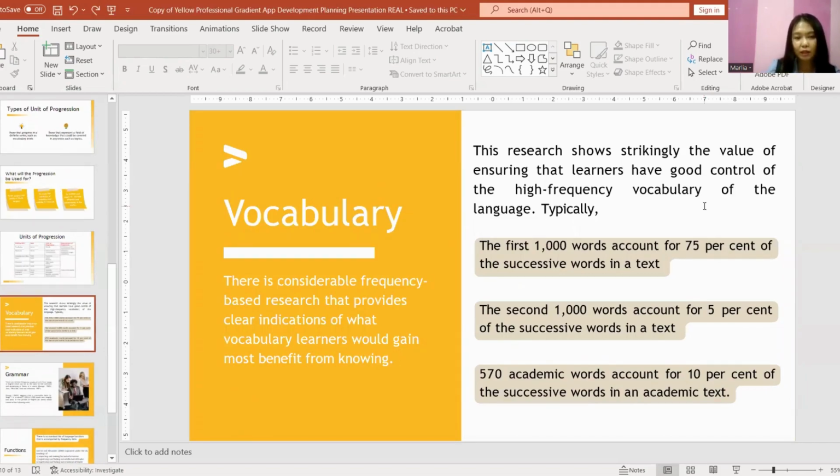Well, the first is about vocabulary. There is considerable frequency-based research that provides clear indications of what vocabulary learners would gain most benefit from knowing. This research shows strikingly the value of ensuring that learners have good control of the high-frequency vocabulary of the language.